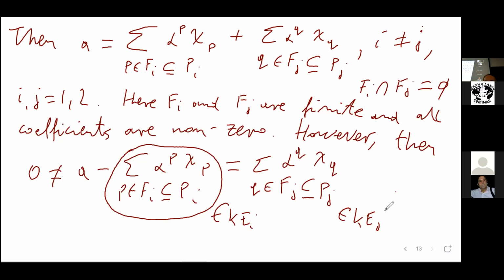And the other one is in KEJ, which is of course a subset of AJ. So this is an element of the intersection, which is 0. So we have a contradiction, which is the desired contradiction.